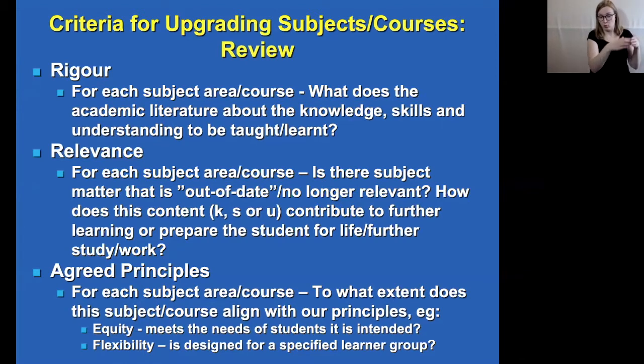So you're doing this review of your course content to identify what stays. If it's rigorous, it stays. If it's relevant, it stays. If it meets your principles, it stays. If it doesn't, then that gives you the chance to exclude some of the existing content.